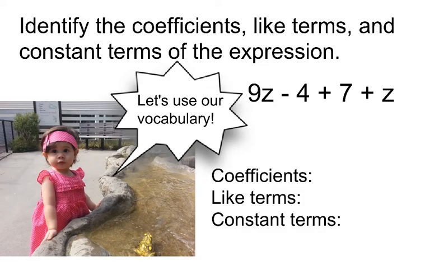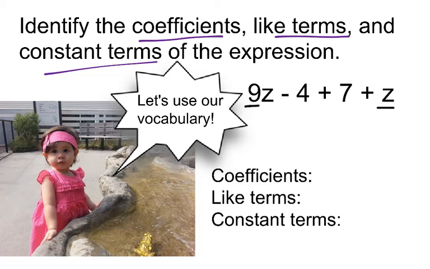So let's first refresh our vocabulary. Identify the coefficients, like terms, and constant terms of the expression. Looking at this expression, we have 9z minus 4 plus 7 plus z. My coefficients are the numbers in front of my variables. So I have 9, and if I have just z, that means it's 1z.